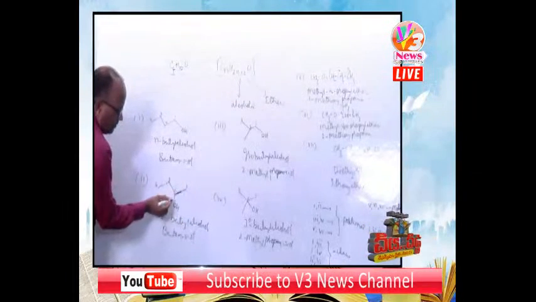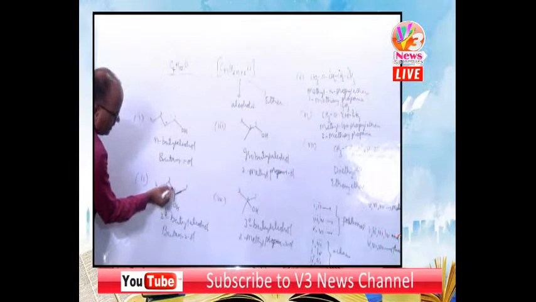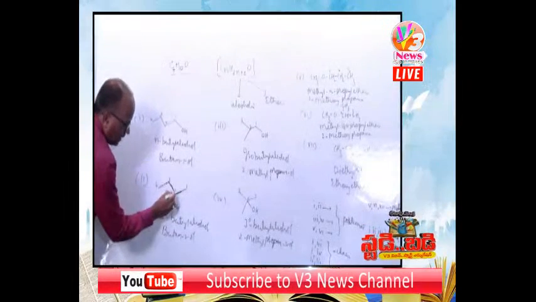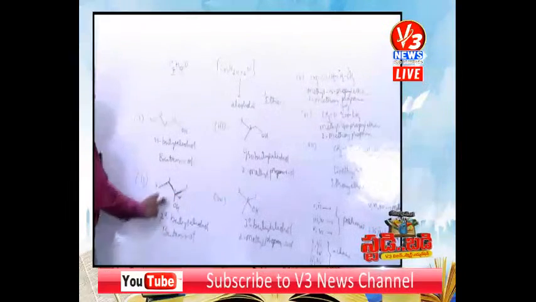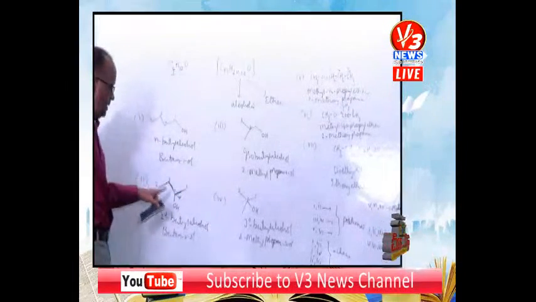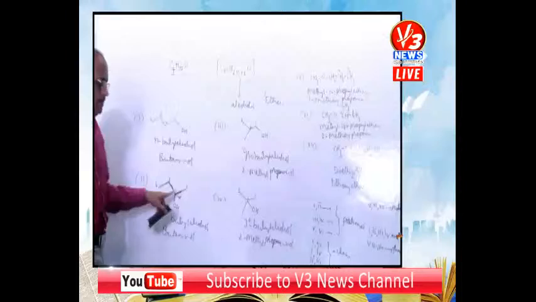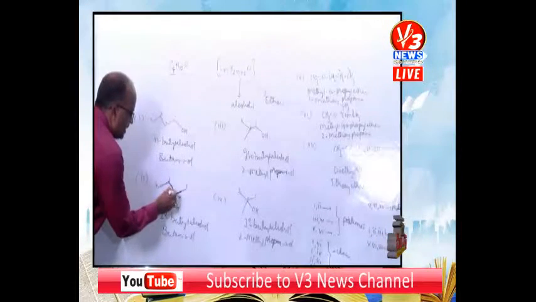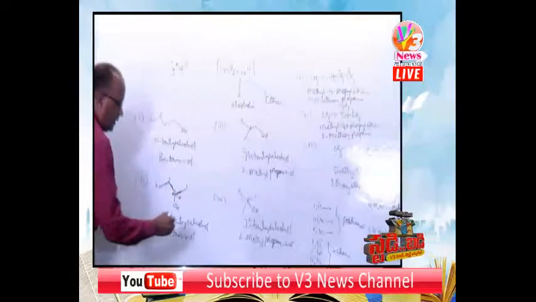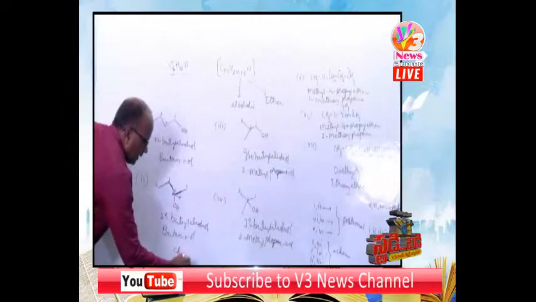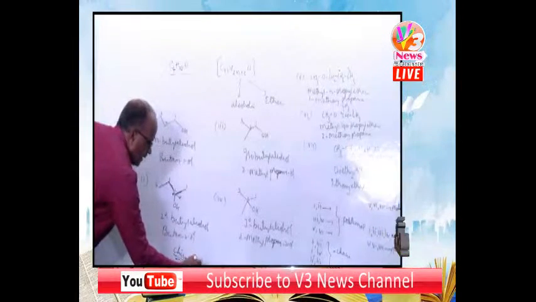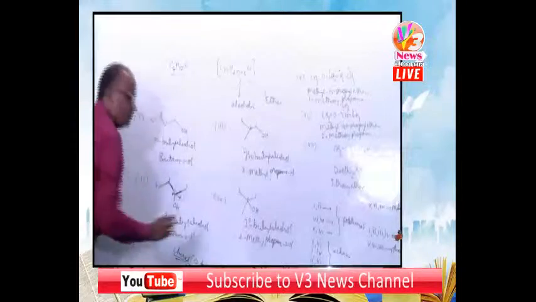This is methyl, this is OH, and this side, this is ethyl group, and what is the other group present at this carbon? Hydrogen. So this carbon is attached to 4 different groups. Then what type of carbon it is? Chiral carbon. Then this compound is chiral compound. Chiral compound means optically active compound.